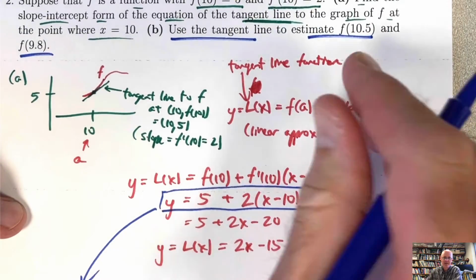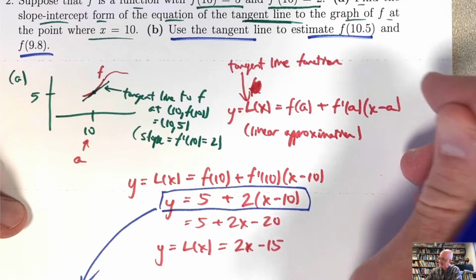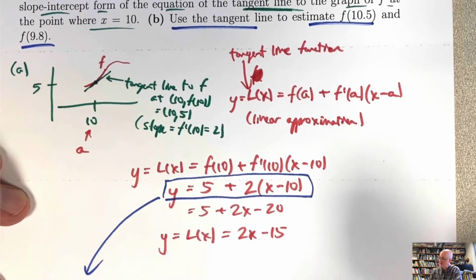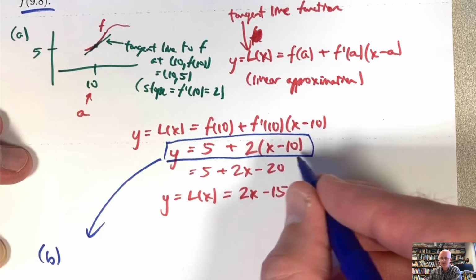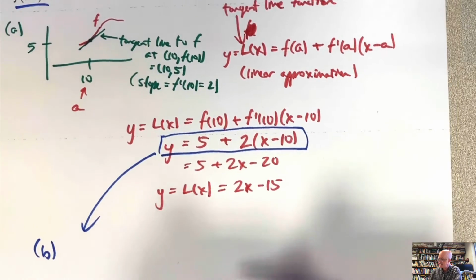Because usually in these kinds of problems, you have changed x slightly from a. In this case, 10.5 or 9.8 are slight changes of x from a equals 10. And that makes this easier to use because you're subtracting 10, getting small numbers that you could even easily multiply in your head, times 2 in this case.